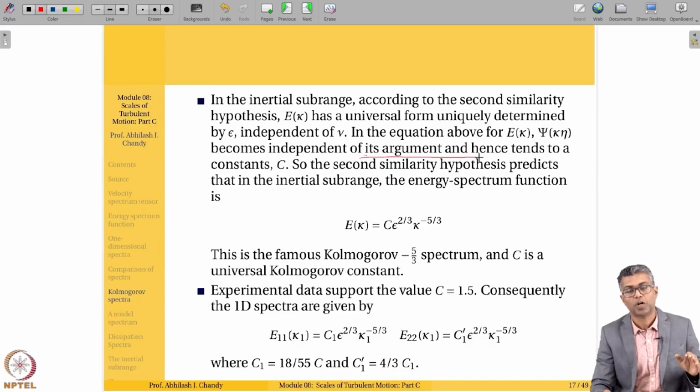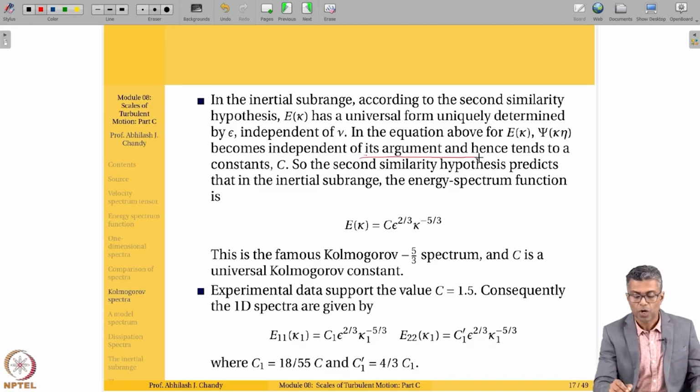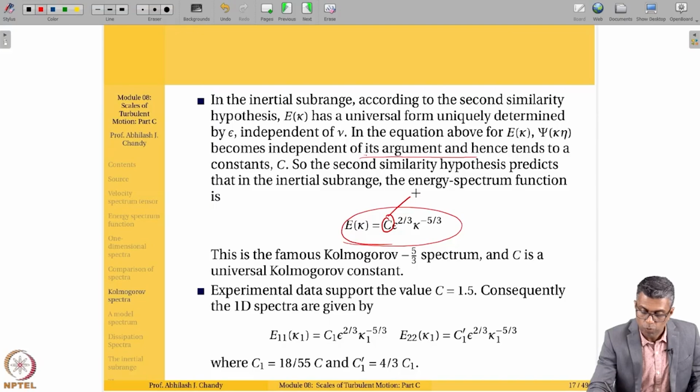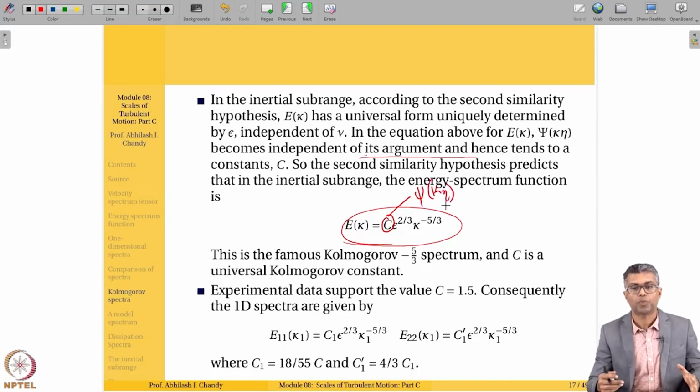So essentially, according to the second similarity hypothesis, your energy spectrum function is C epsilon to the 2/3 and kappa to the minus 5/3. This was basically psi of kappa eta, and psi becomes a constant because it only depends on epsilon.